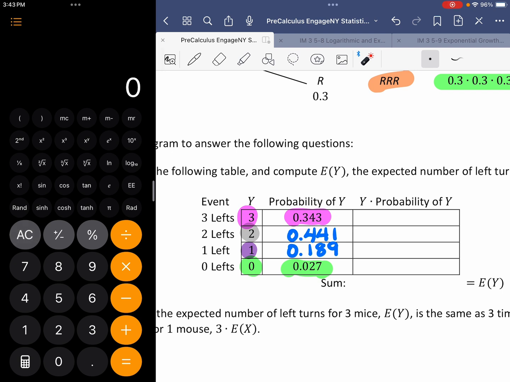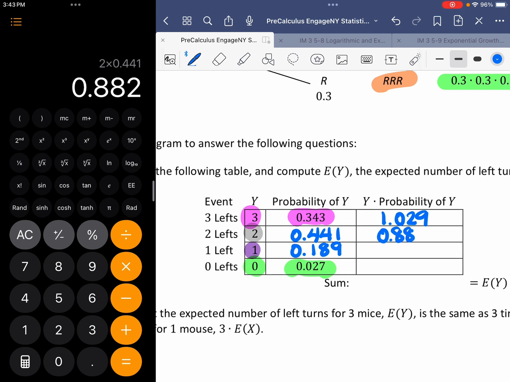Okay, hopefully you had a little bit of work time. Let's go through these calculations together. So I'm going to multiply 3 times 0.343, and I get 1.029. I'm not going to round right now because I want to be as exact as I can. 2 times 0.441, I get 0.882. 1 times 0.189, and because of our identity for multiplication, we get that same number. 0 times 0.027 is 0.